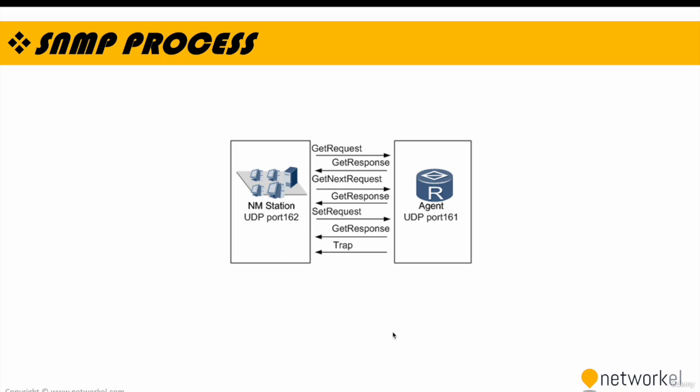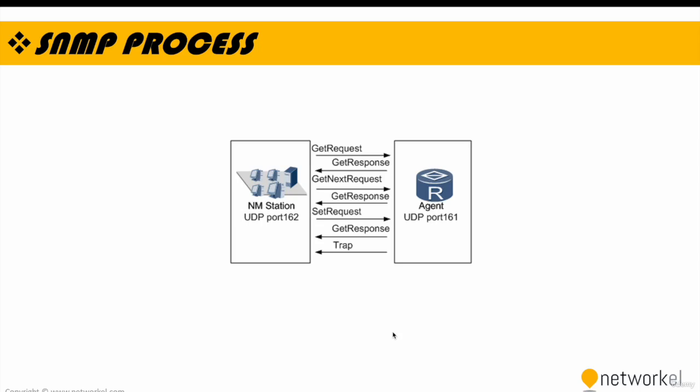The SNMP process involves several key steps, guys. SNMP agents installed on network devices such as routers, switches, and servers collect and store management information about device operations and performance metrics. Agents maintain a database called the MIB, which organizes and stores the collected data in a structured format.